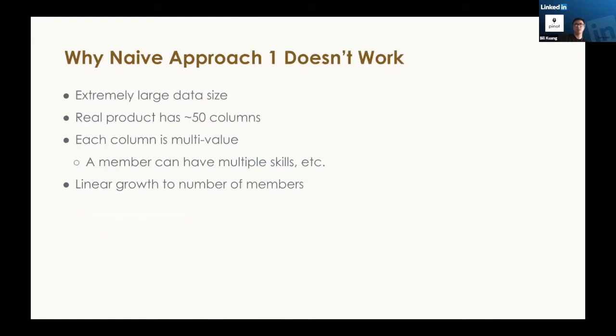And why doesn't this naive approach work? This actually generates an extremely large data set. The example that I gave before was using about 3 dimensions: location, skill, and company. But you can imagine a member on LinkedIn can have a bunch of different attributes.